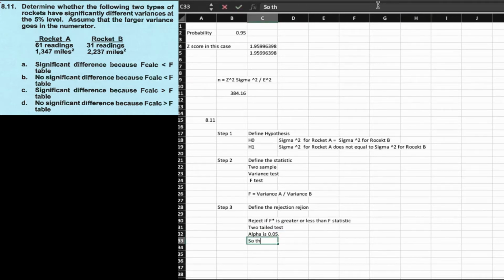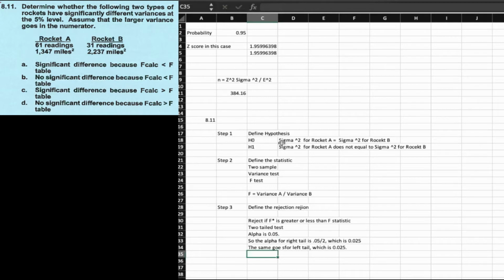So the alpha for the right tail is 0.05 divided by 2, which is 0.025. The same goes for the left tail, which is 0.025, right? So you have to use alpha 0.025.